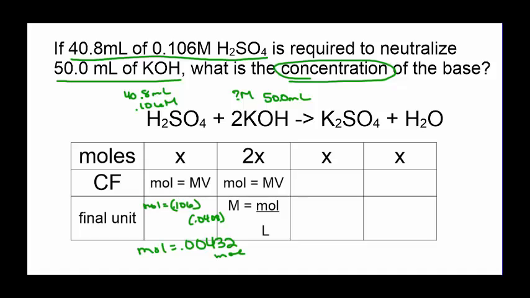All right, now this is going to be equal to X because it's 1X. So we're going to do 2X to get moles of KOH. So 2 times that is going to give us 0.00864, and that's moles.